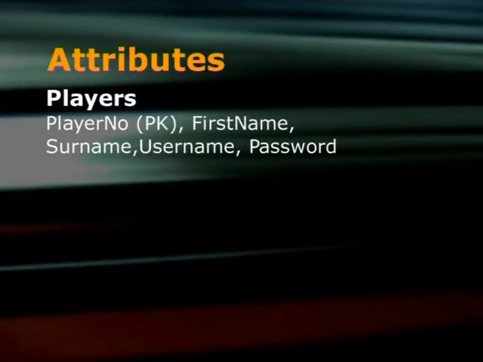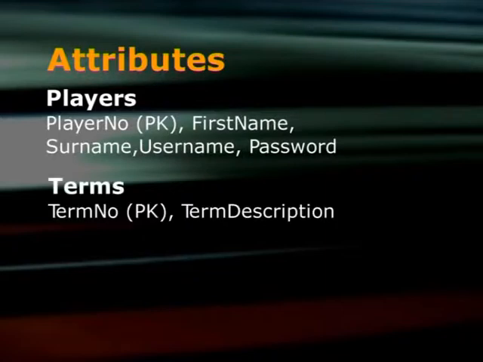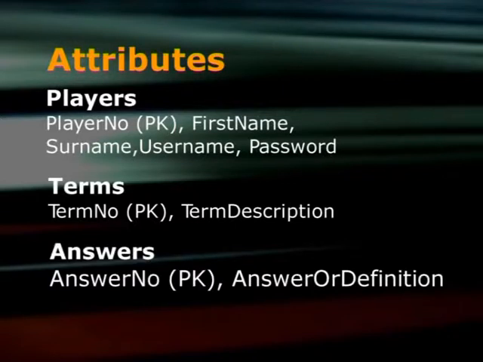The attributes for players are player number, primary key, first name, surname, username, and password. For terms, it's term number, primary key, and term description. For answers, answer number is the primary key, answer or definition.